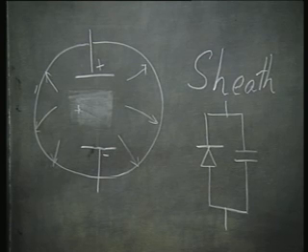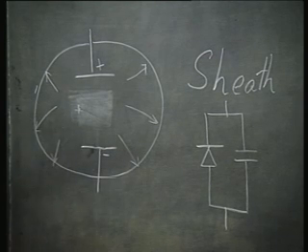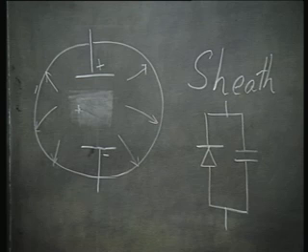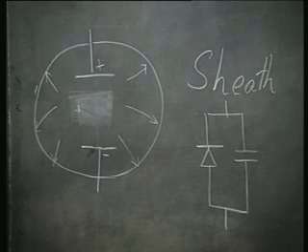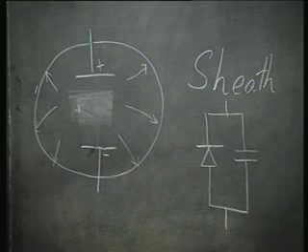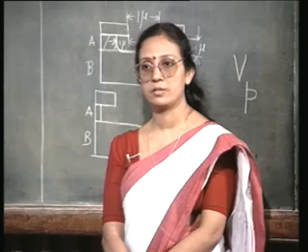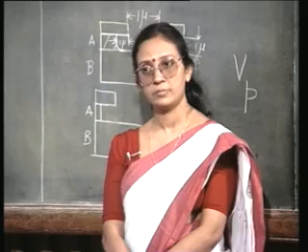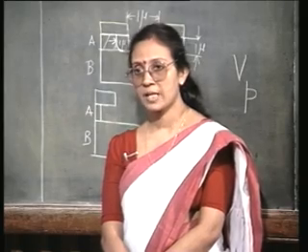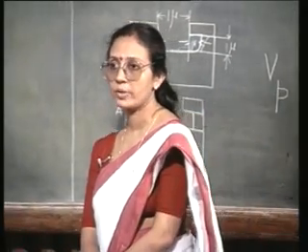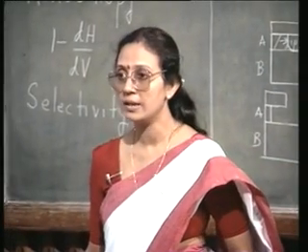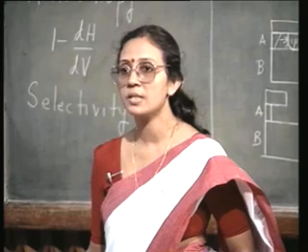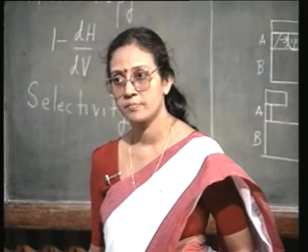It is like when the diode is forward biased, I have the diode in parallel with the capacitor. When the diode is forward biased, I have a flow of current, right. In the negative half cycle, that is when the electrode has become negative, it starts repelling the electrons, that means the diode is actually in reverse bias.